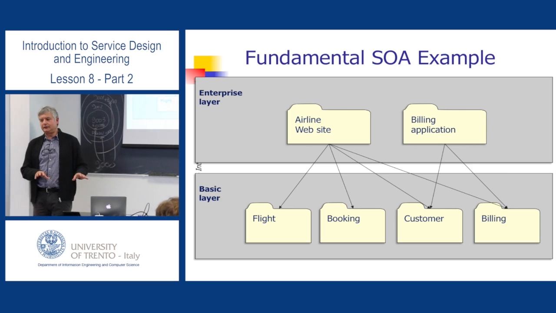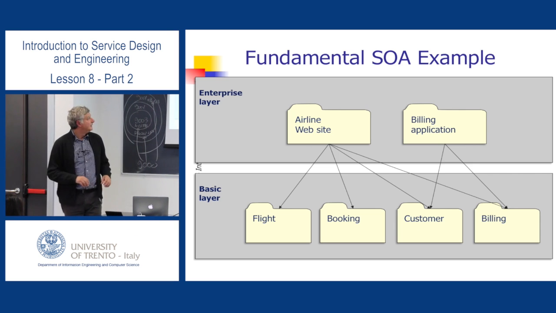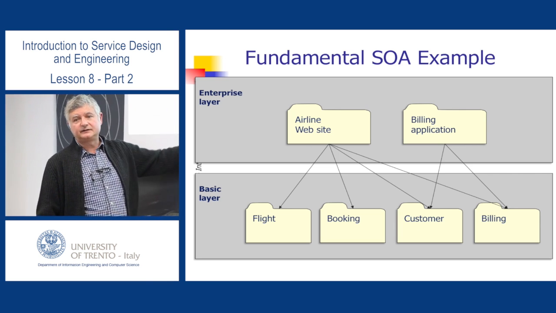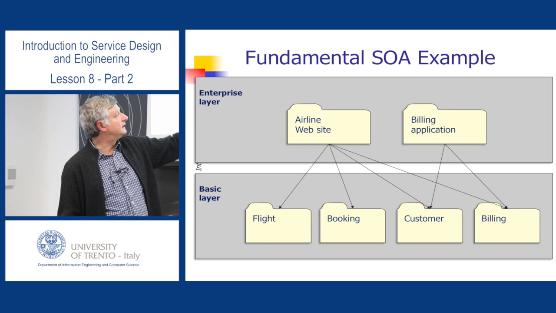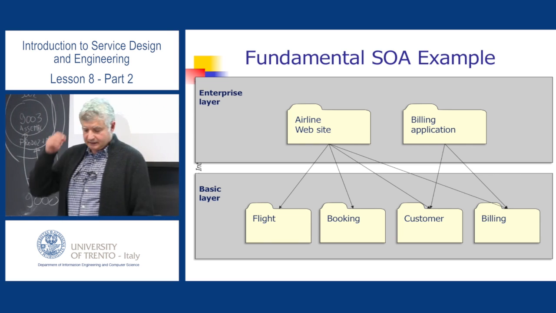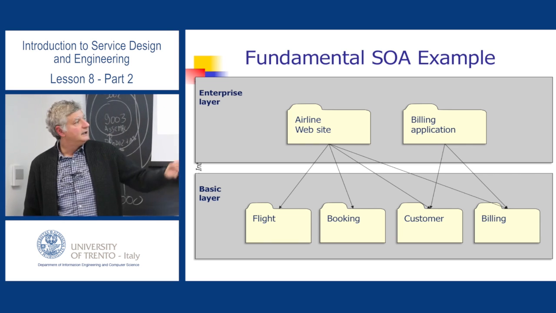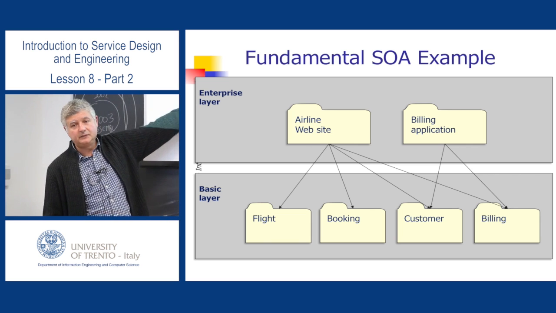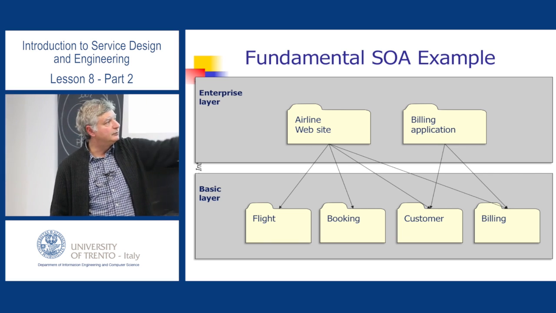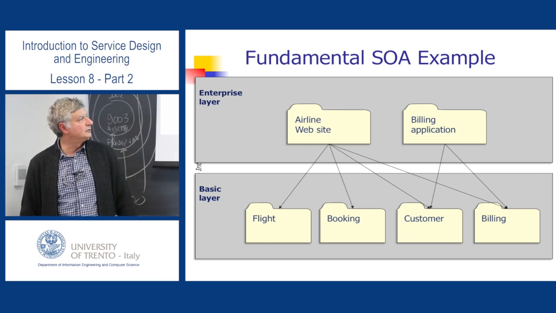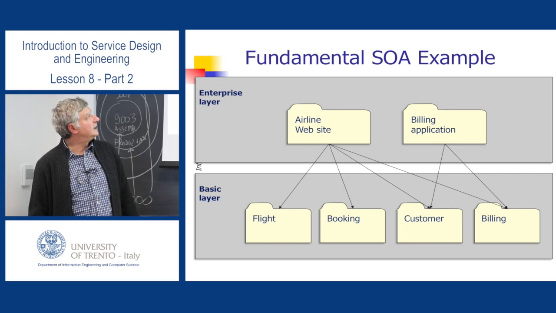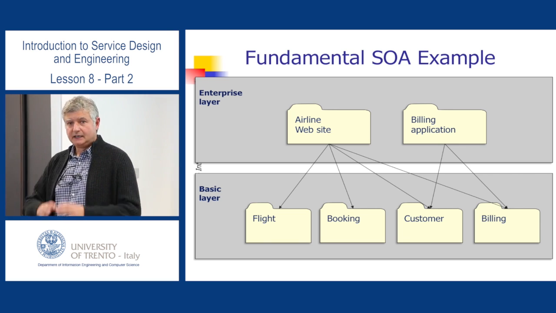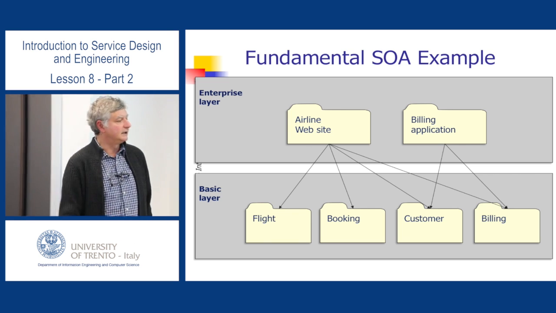One way to make it service-oriented is to define services on top of the database. So we are abstracting now on the real databases, which are inside the individual services. And remember, the database can be shared, so you have only the flight information or only the booking, and the database can also be distributed.